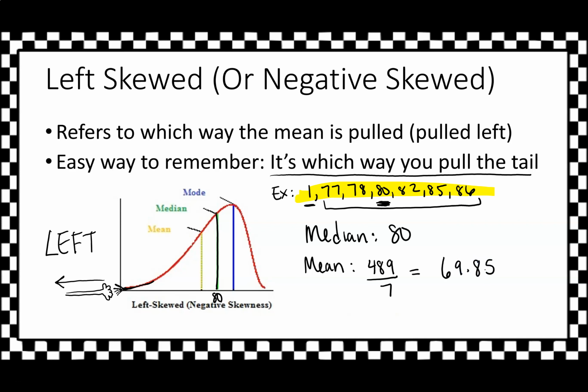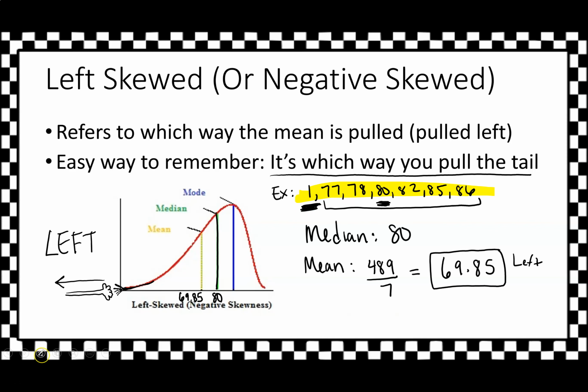Well, where is that mean? It is to the left of the median. So basically this mean is being pulled to the left. Why is it being pulled to the left? Because this 1 is kind of like an outlier and it brings it to the left.